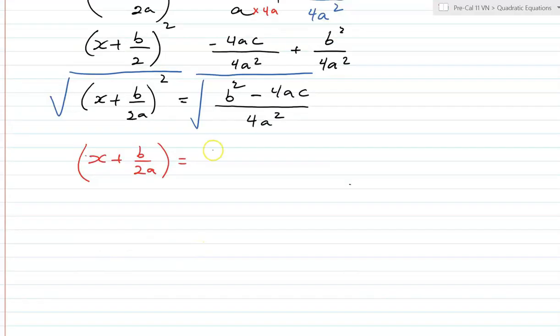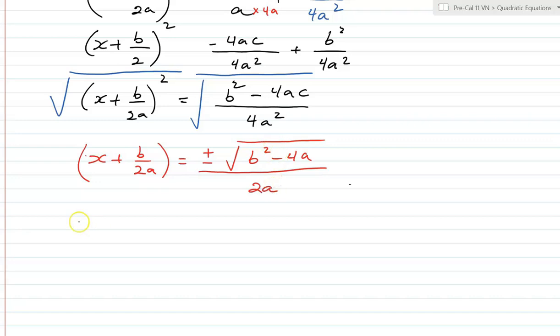Plus or minus the square root, so the top would be b squared minus 4ac, but the denominator is a perfect square, so I can take that out. The square root of 4a squared will be 2a. Fantastic. Now we're going to bring everything together.